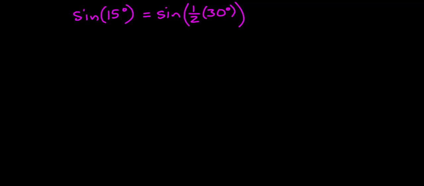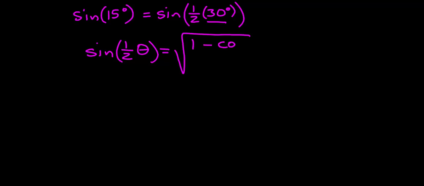That's something we're familiar with. Now that's the same as 15 degrees. It's just a more complicated way of writing it. Well, look at this. This is theta. We've got this formula: sine of 1/2 theta equals the square root of 1 minus cosine theta over 2.